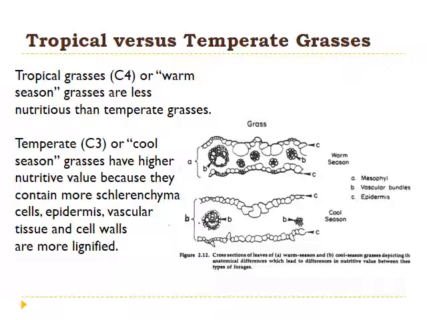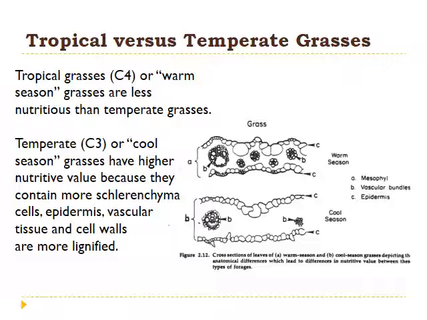So warm season grasses are more adapted to dry and hot climates, and they have really thick leaf margins, leaf walls, and then inside of the leaf they have these vascular bundles, and they have these sclerenchyma cells that surround the vascular bundles.